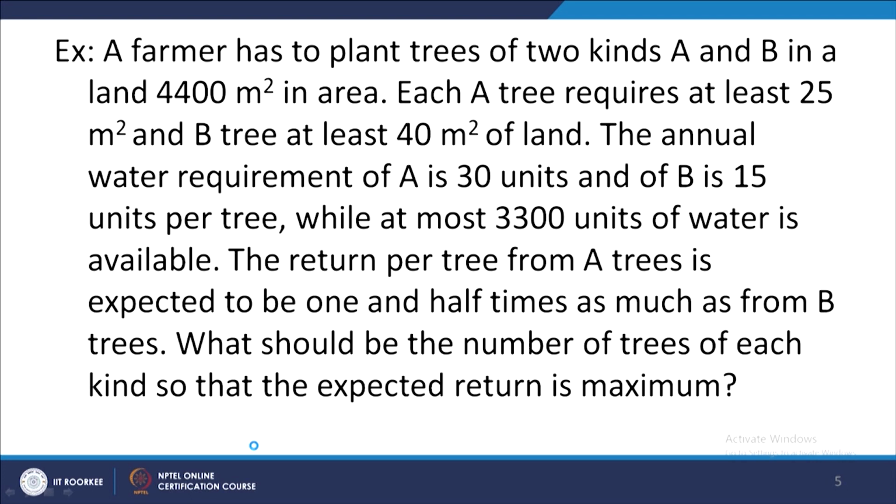The annual water requirement of A is 30 units and of B is 50 units per tree, while at most 3300 units of water is available. The return per tree from A tree is expected to be 1.5 times as much as from B tree. What should be the number of trees of each kind so that the expected return is maximized?